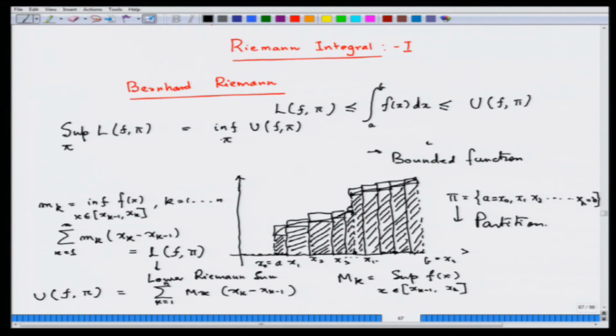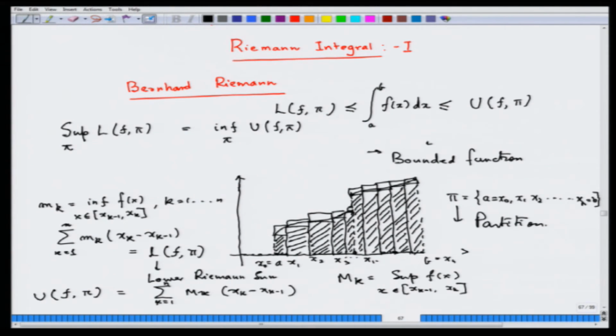There are infinitely many possible partitions: this is one way of partition, then a second way, a third way, and so on, countably infinite ways.